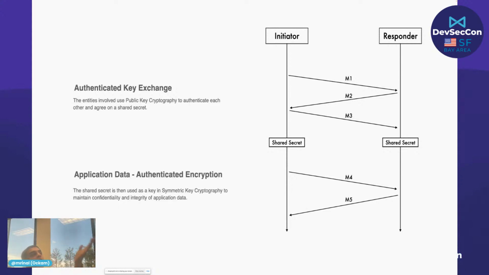There's an initiator of the secure channel. It does an authenticated key exchange using public key cryptography to establish a shared secret. Once the shared secret is established, it uses authenticated encryption with AES in AEAD mode to send end-to-end encrypted data.